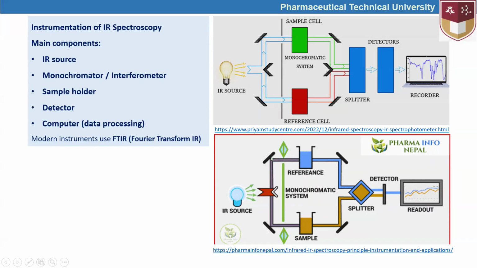I'd like you to pay attention to the second figure given here. The source provides the infrared light, and the reference compound is studied and the infrared spectrum of the reference compound is obtained. Then the sample that we are going to study is placed, and its infrared spectrum is studied.